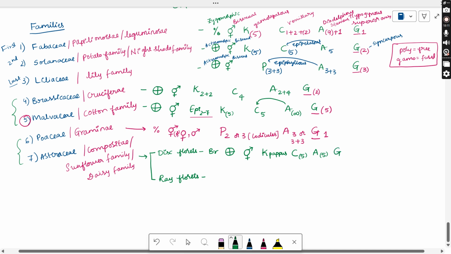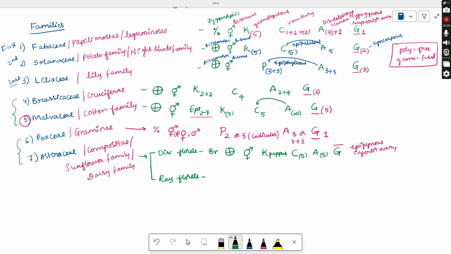Coming to this gynoecium, here also there is a speciality. Till now we have discussed the hypogynous superior type of ovary, but coming to this Asteraceae, this is the exceptional case. You can find the epigynous type or the inferior type of ovary. Epigynous or inferior ovary is the special feature for it. So here the disc florets will contain the epigynous inferior ovary. 2 carpels are there which are in fused condition, syncarpous condition.